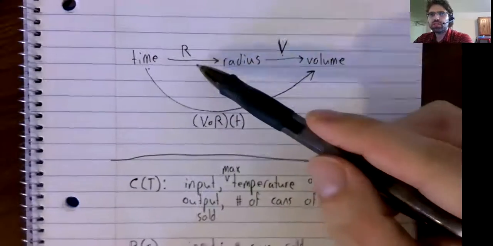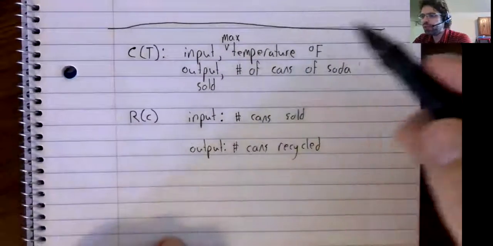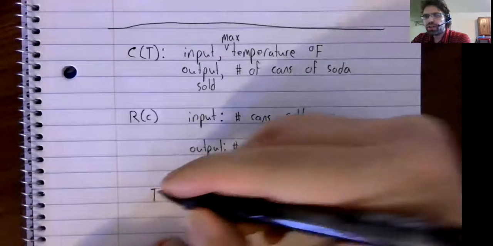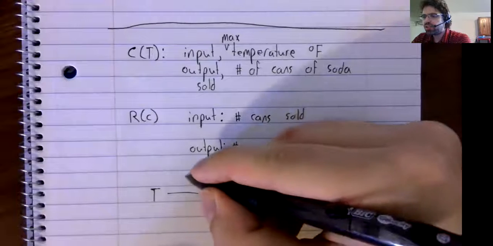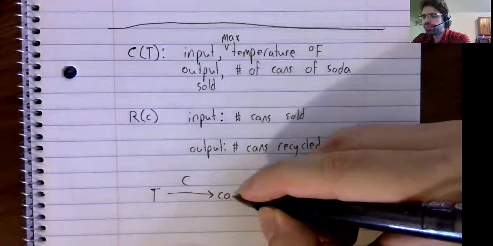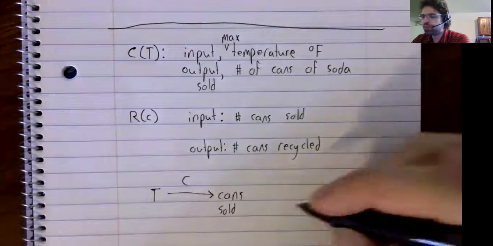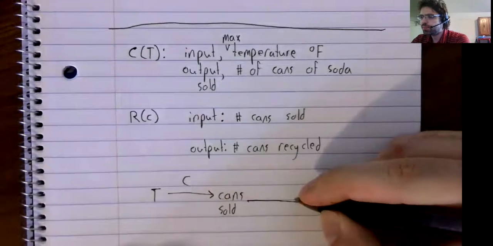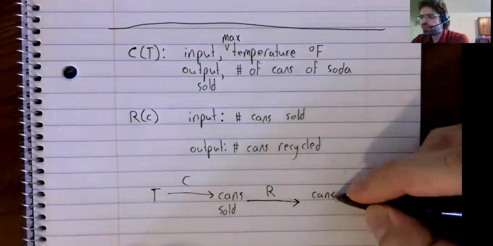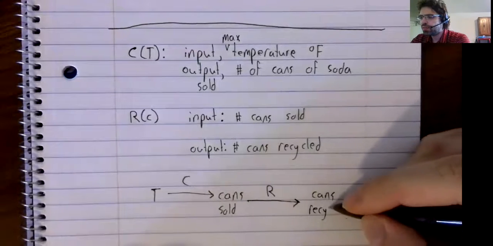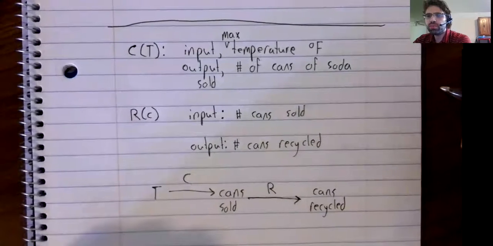And just like this, we can create this diagram. We start with temperature, use this first function to find how many cans were sold. Then use this second function to find how many cans were recycled.